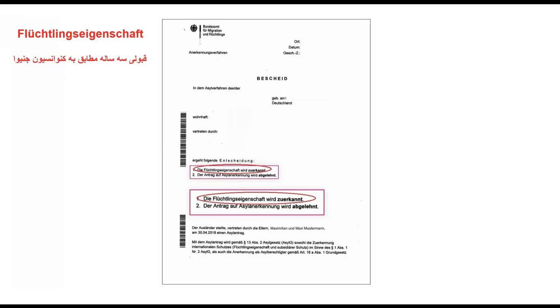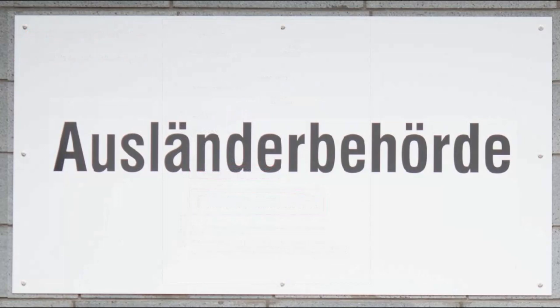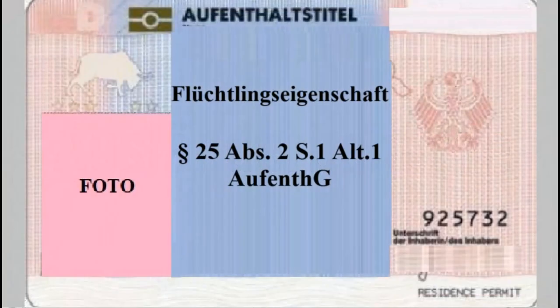After you receive this type of protection from the Federal Office for Migration and Refugees of Germany, you should go to your respective foreigners office, which in German is called Ausländerbehörde, take this decision with you, and apply for a residence permit based on Section 25, Subsection 2, Sentence 1, first alternative of the German Residence Act.